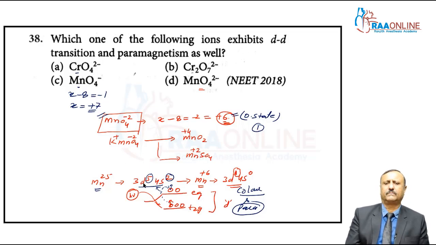When electrons are not present in d orbitals, d-d transition does not take place in MnO4 minus. In this way you can calculate for CrO4 2- and Cr2O7 2-. So, my dear students, your answer is MnO4 2-. Answer is D. Question number 38, you get the answer.